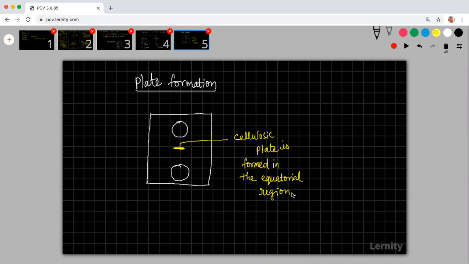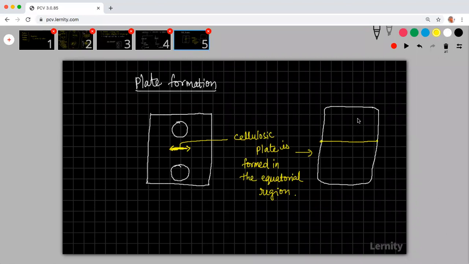And then gradually, this will start to grow in this direction, from inward to outward. As it moves, you will see that this is the cell, and finally it will come and meet here.